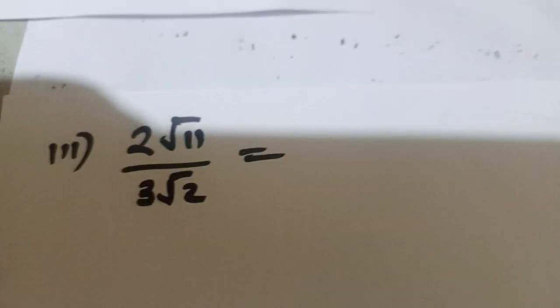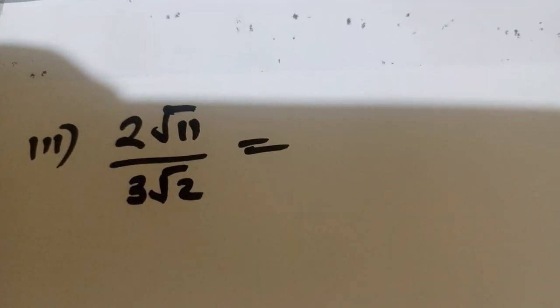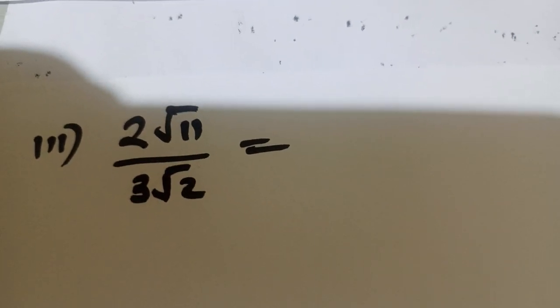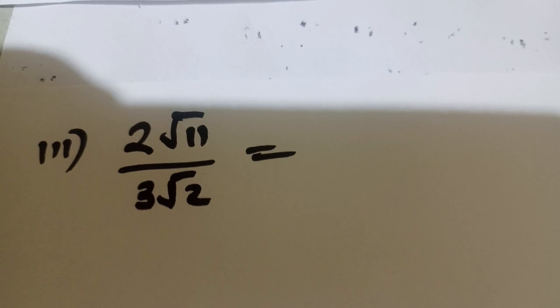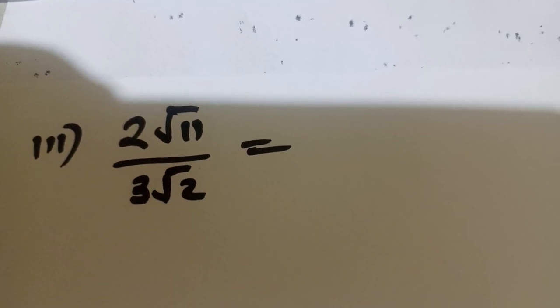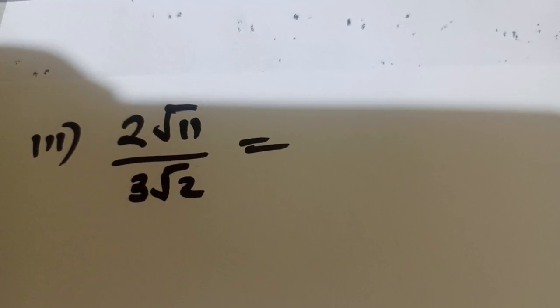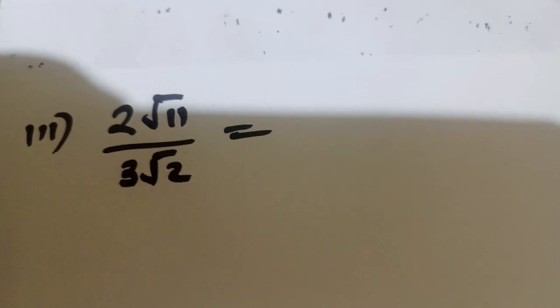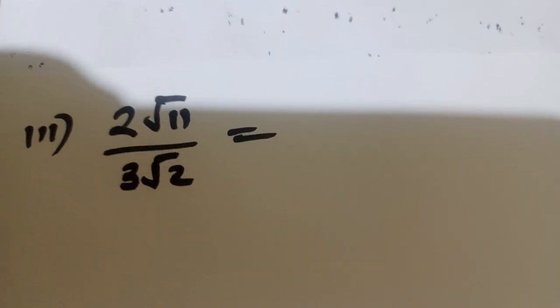So what we do, again, as I said earlier, the focus is in the denominator. Remember, in this case, both the numerator and the denominator have surds. But because we are rationalizing the denominator, we focus on the surd in the denominator.